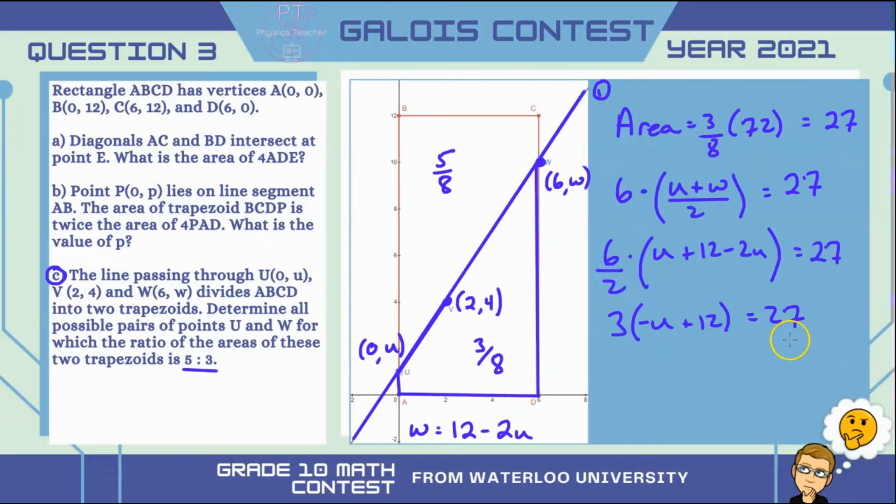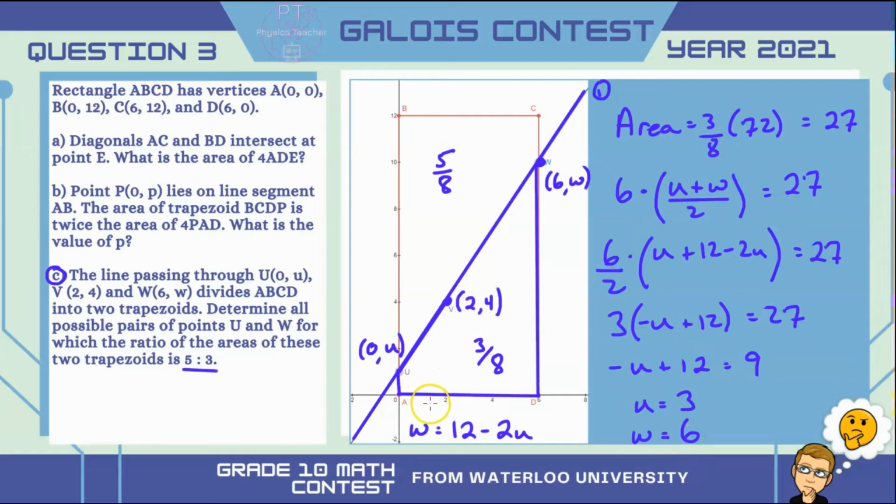Alright, dividing both sides by 3 gives us minus u plus 12 is equal to 9. And therefore, if we solve for u, we'll see that u is equal to 3. And plugging 3 back into this equation, we get w is equal to 12 minus 2 times 3, which is 12 minus 6, which is 6.